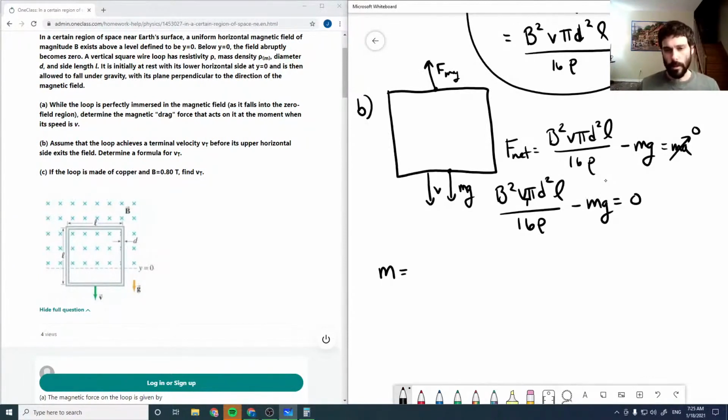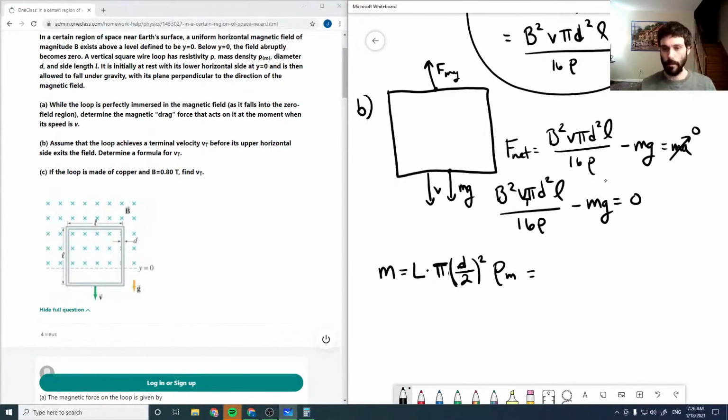So our mass is going to be the length of our wire times our cross-sectional area, which we're given in terms of the diameter d. So it's d over 2 squared, just rewriting that to be a little bit clearer, times our mass density, not our linear mass density, but just our mass density.